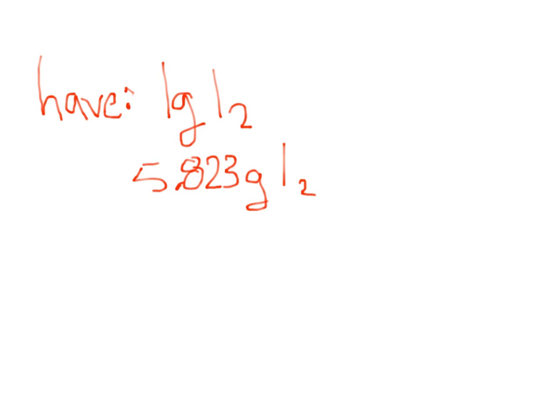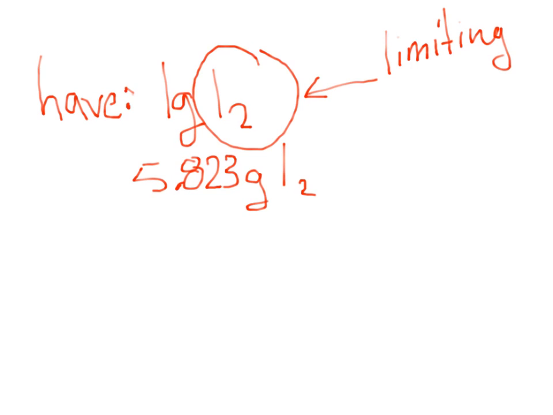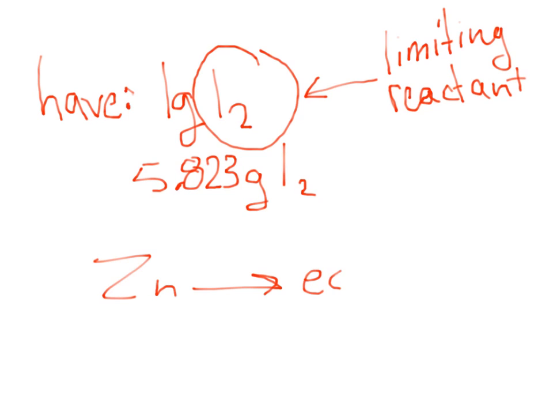So that tells us that the iodine is the limiting reactant, because we don't have as much as we need. In turn, the zinc has to be the excess reactant.